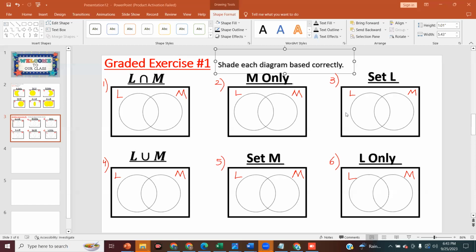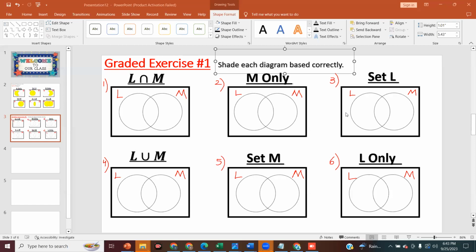Shekinah, what number are you on? Shekinah, we can't hear you. You have to answer. If your mic is not working, answer inside the chat for me. Chardonnay, what number are you on? I'm on number 4. All right, good.